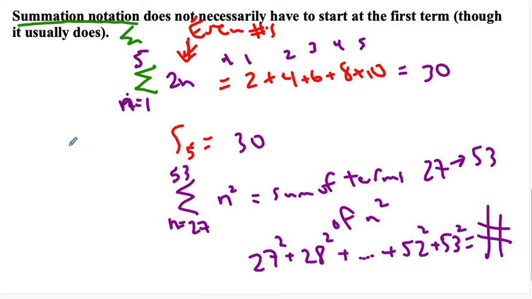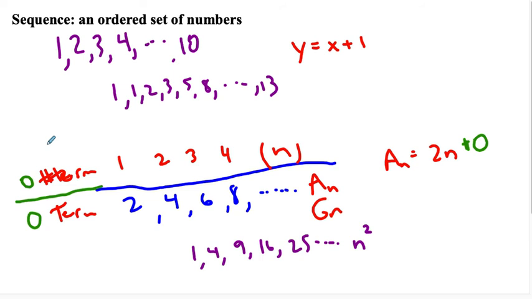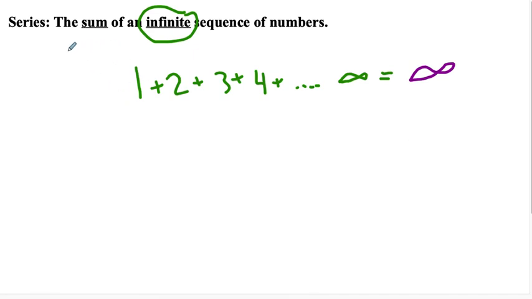So, quick recap. A sequence is an ordered set of numbers, counting numbers for instance. They can be related sometimes by an equation, for instance, the even numbers, 2n. A series, by definition, is always infinite, okay? A series is when we add up a sequence.